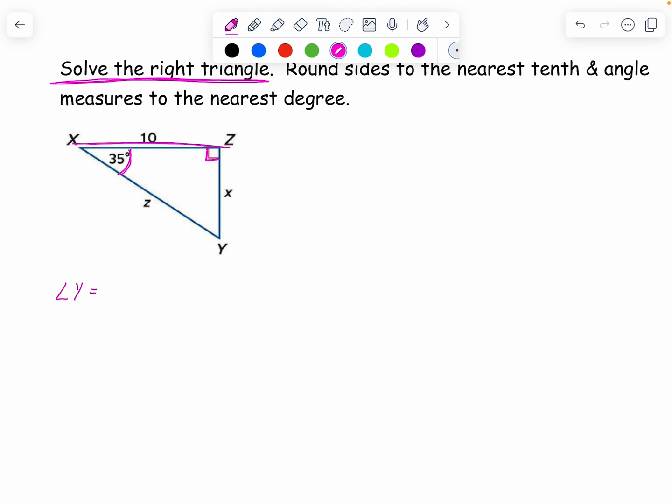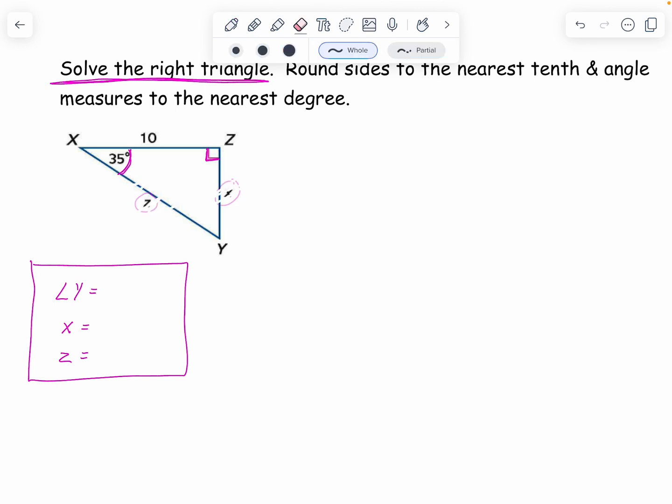Then I know side xz, but I do not know side zy, or we can just write that as x because they have labeled it as x. So we will need to find little x, and we will need to find little z. Those are the three things I need to find. Once I have that, I will have all of my answers and I will be done. So there's my little answer box. Now let's go in here and find what we need to find.